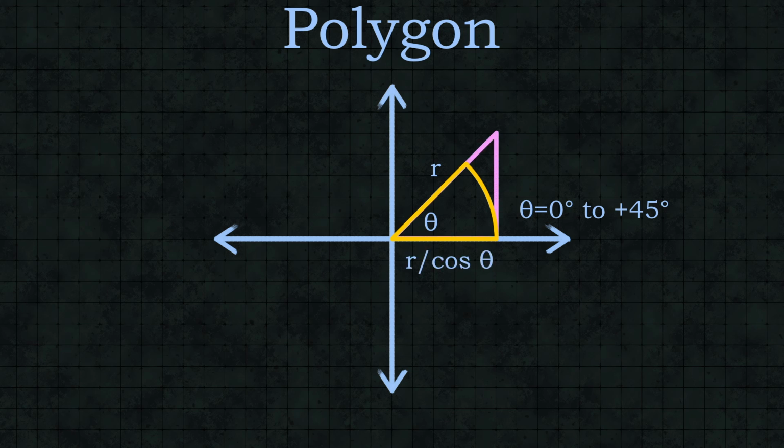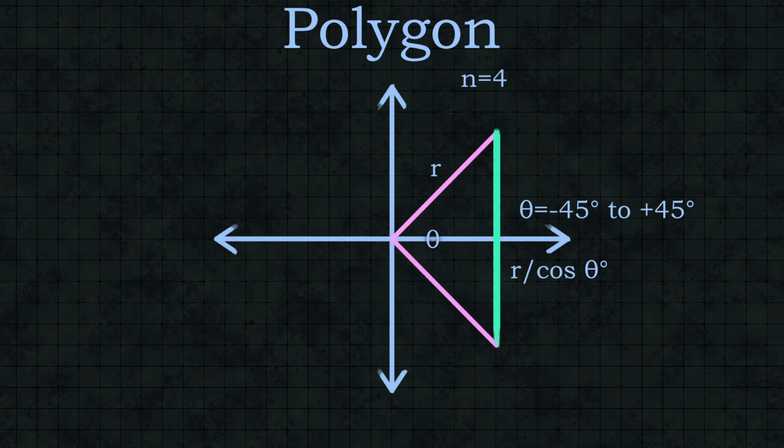And the formula that does that is to divide the radius by the cosine of the angle theta. The cosine of theta is symmetric about the x-axis. So if I look at theta going from minus 45 degrees up to plus 45 degrees, and I take r divided by the cosine of theta, then I'll get a nice straight line going up here.